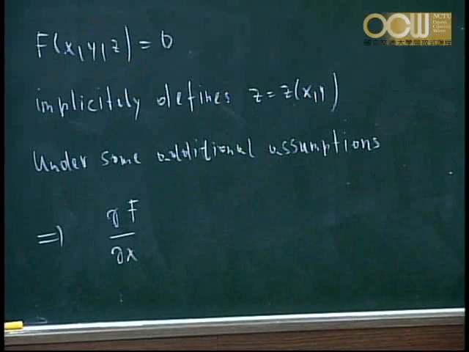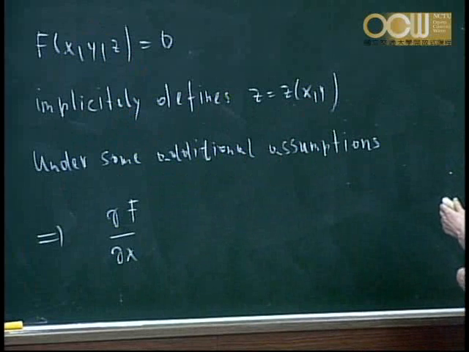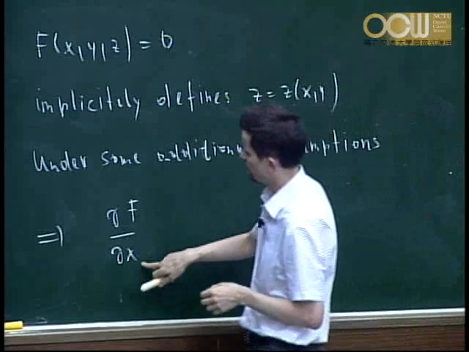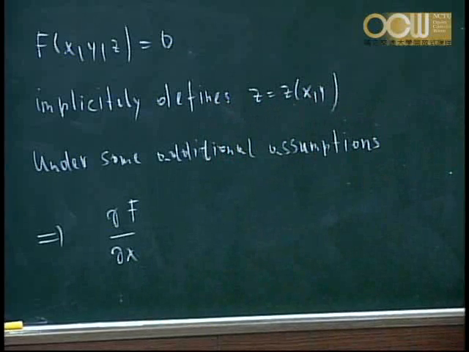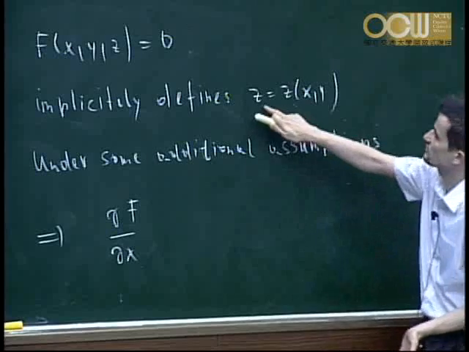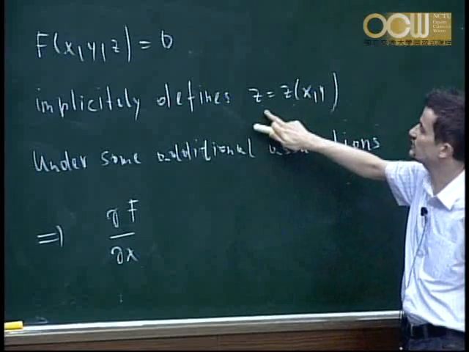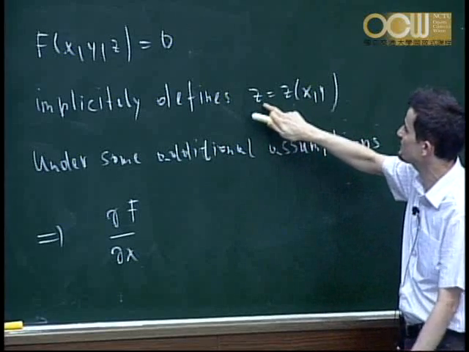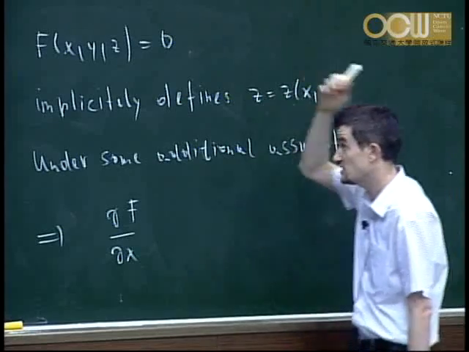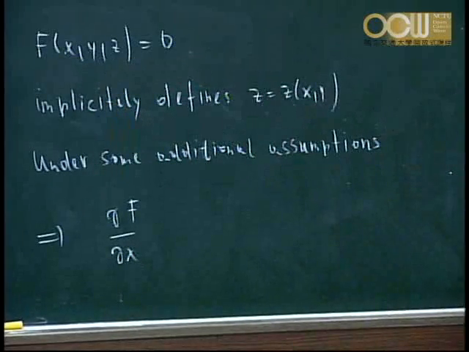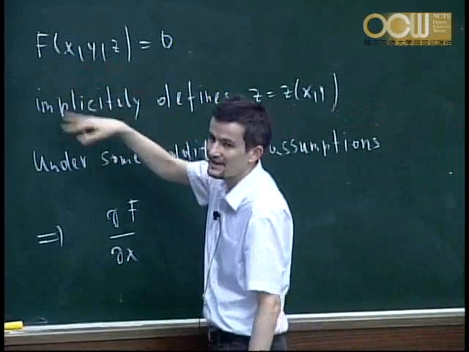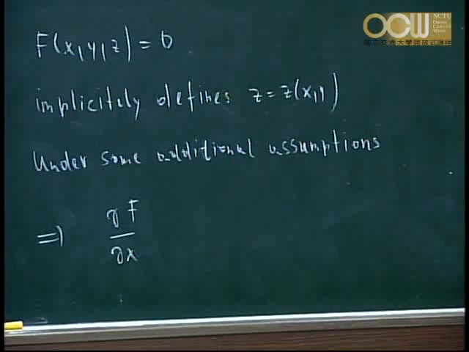Then you can apply the chain rule, and what you get is, okay, you have the partial derivative of f. What are we interested in? We are interested in the partial derivative of z with respect to x. So if we are interested in this partial derivative, we have to differentiate everything with respect to x. You shouldn't be confused that x is now an intermediate variable and x is the variable we are interested in.